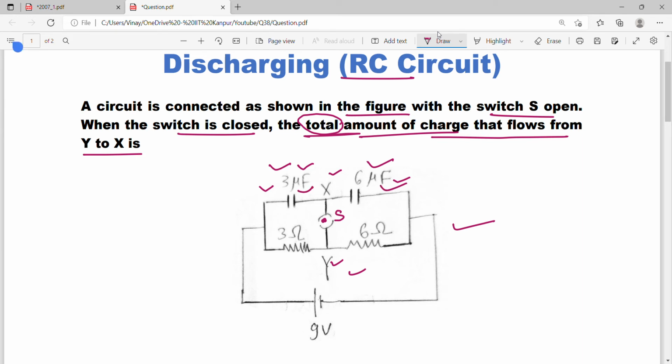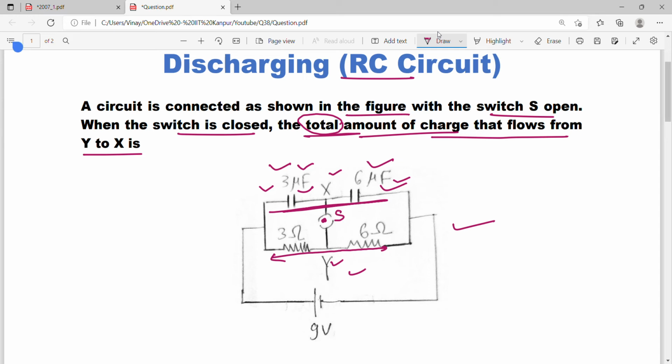Both capacitors will be charged fully. When a capacitor is charged fully, there is no current flowing in this arm of the wire. So all the current is going to flow only through the resistance.